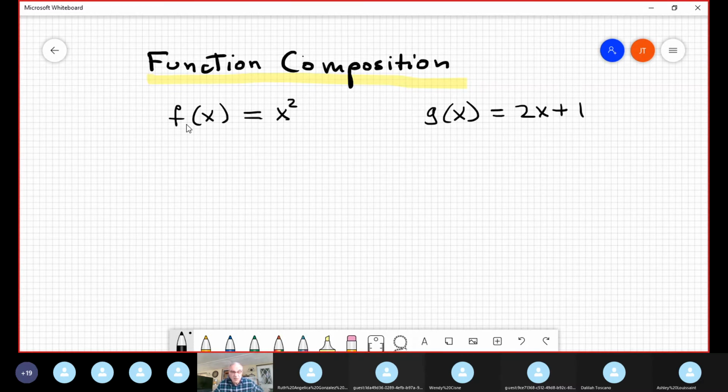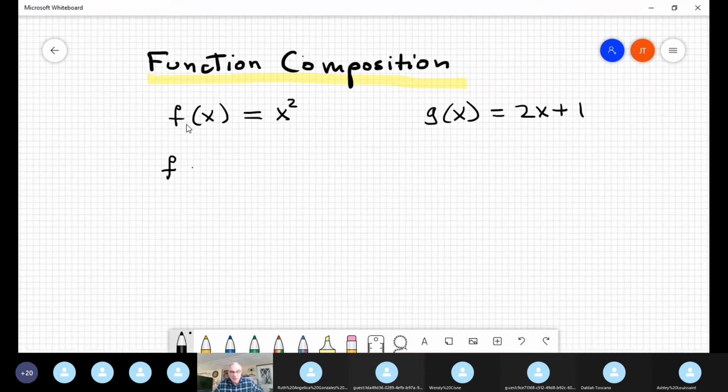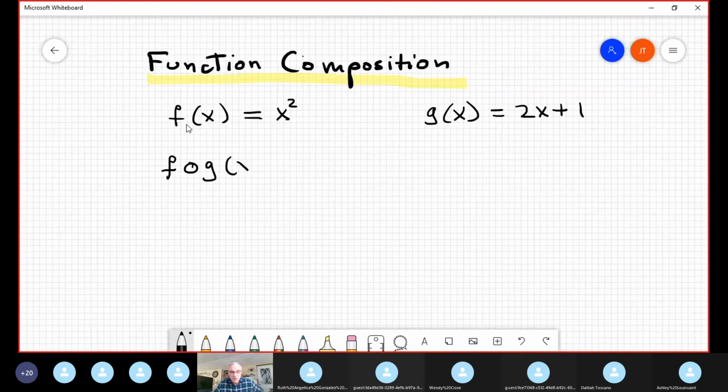I need to form it. You need to be familiar with this notation that I want to explain now. It's totally new. F composition G. It looks like a 0, but it's not a 0. It's a weird little circle, like that. Look, it's a combination of F and G, but in a totally different, weird way.